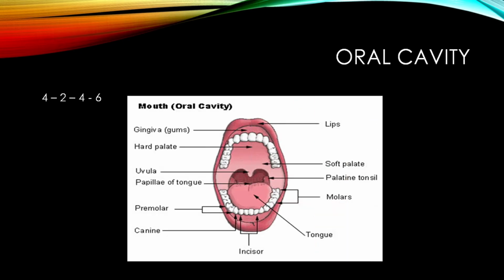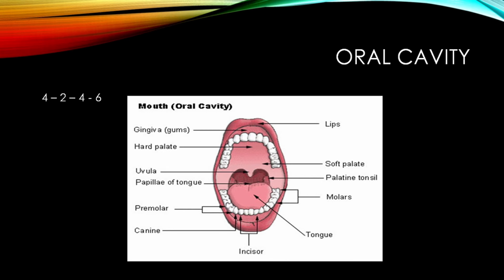Oral cavity. Here you can see I have mentioned 4 4 6. That means the first 4 teeth are the incisors, and the function of the incisor is to bite and cut the food into pieces. Then next to that, one on each side, those are the canine teeth.